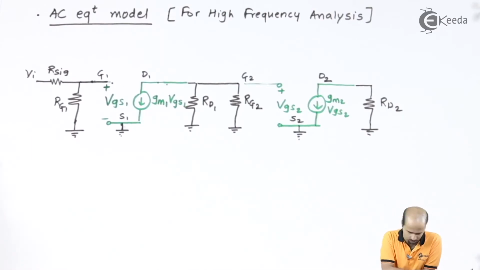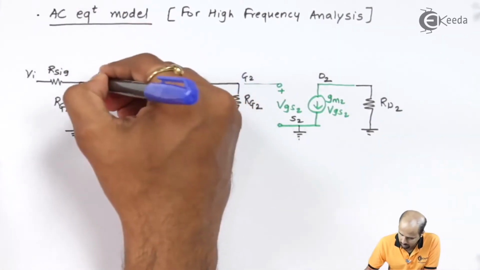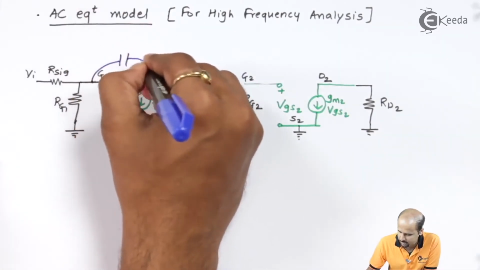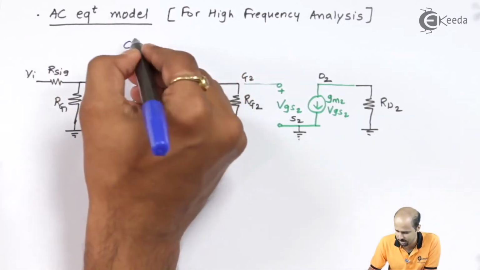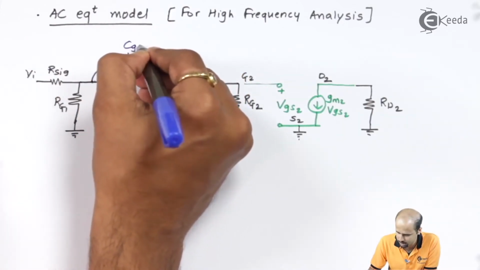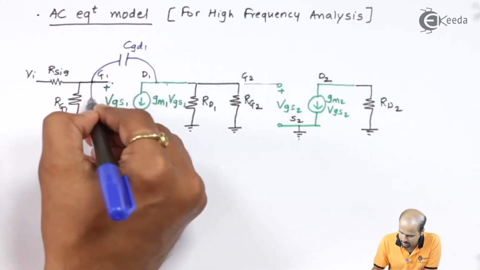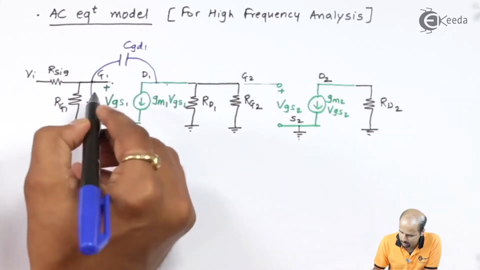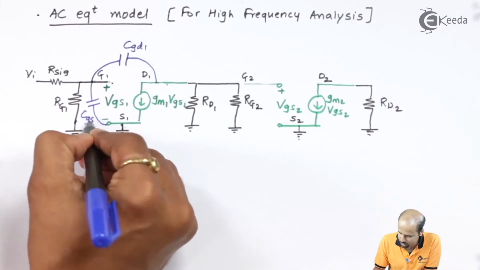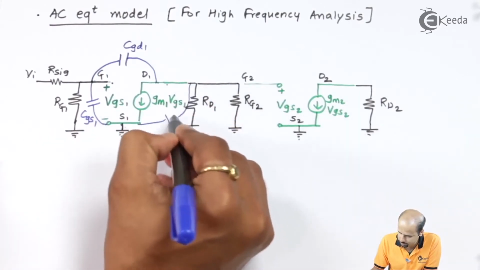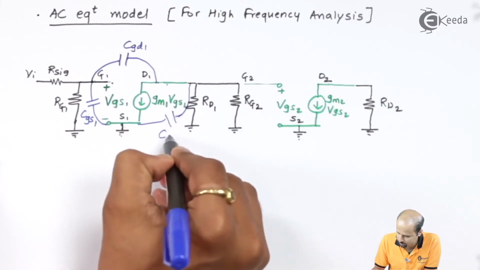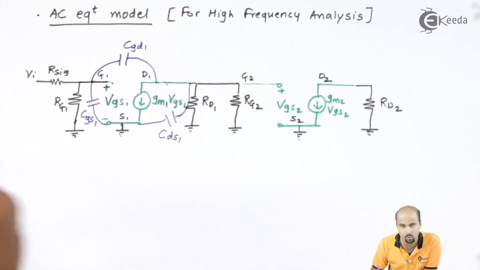So we'll draw this particular circuit. We'll complete this circuit by drawing the internal intrinsic capacitors. So CGD1, this is nothing but your CGS1. Here I can say this is nothing but CDS1.